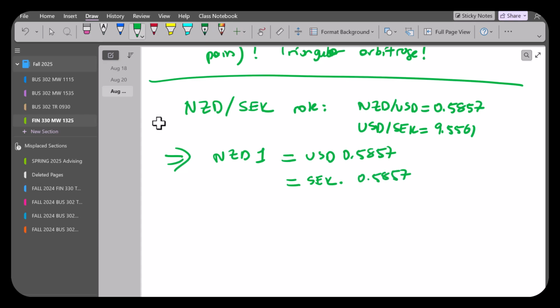Since the quotation is value of US dollars in Swedish kroner, I need to flip that to convert. Actually, no. In this case, I don't have to. So that's what gave me this. This one is relatively straightforward.